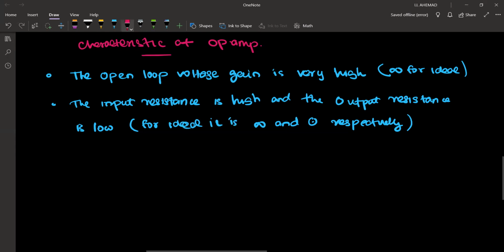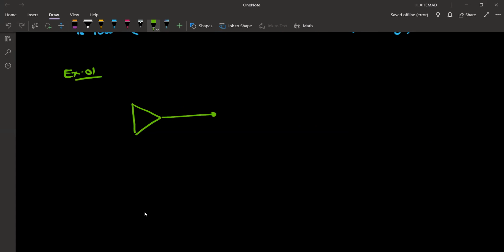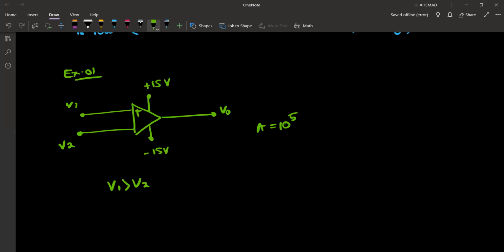Example 1. A is 10 to the power 5. V1 is greater than V2, which is plus and minus.